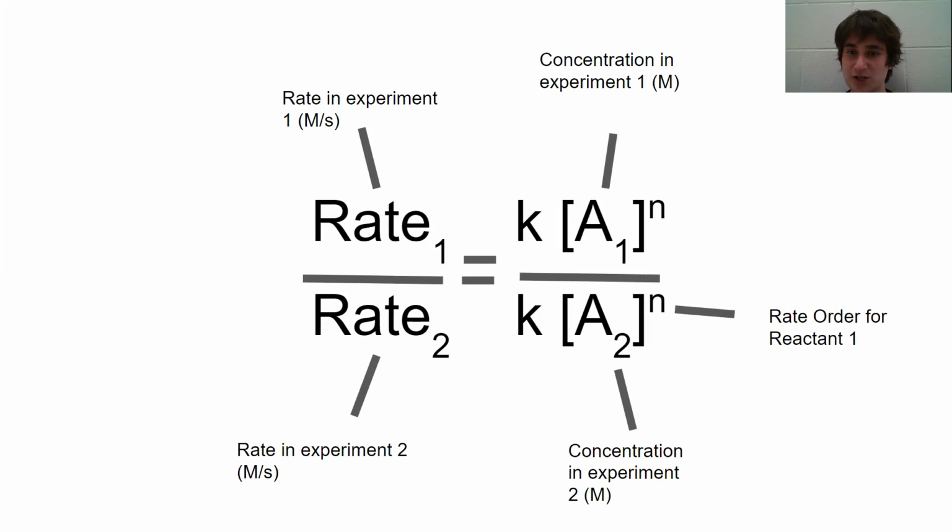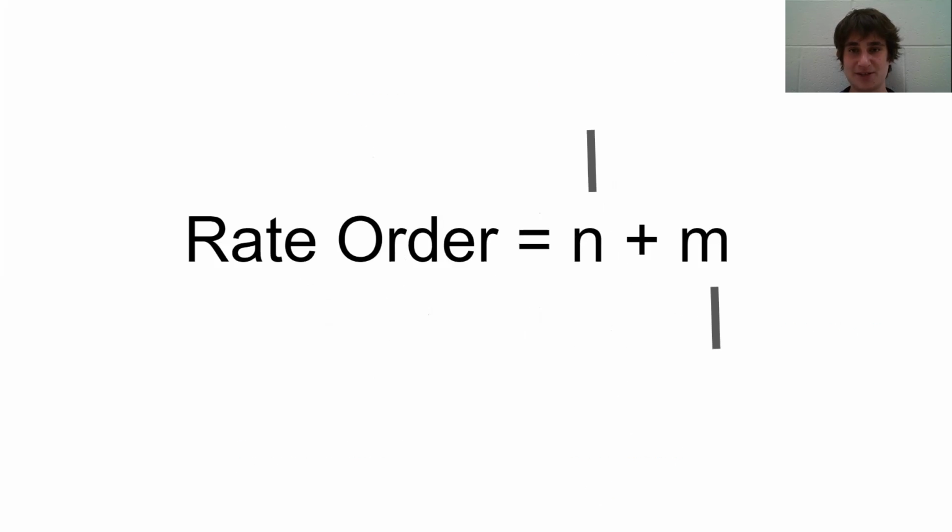In this situation, you'll see K cancels, and you can get a value for A1 over A2 to the N, and a value for the rate, and then you can solve from there. And our overall order is going to be equal to N, the rate order for reactant 1, plus M, the rate order for reactant 2.